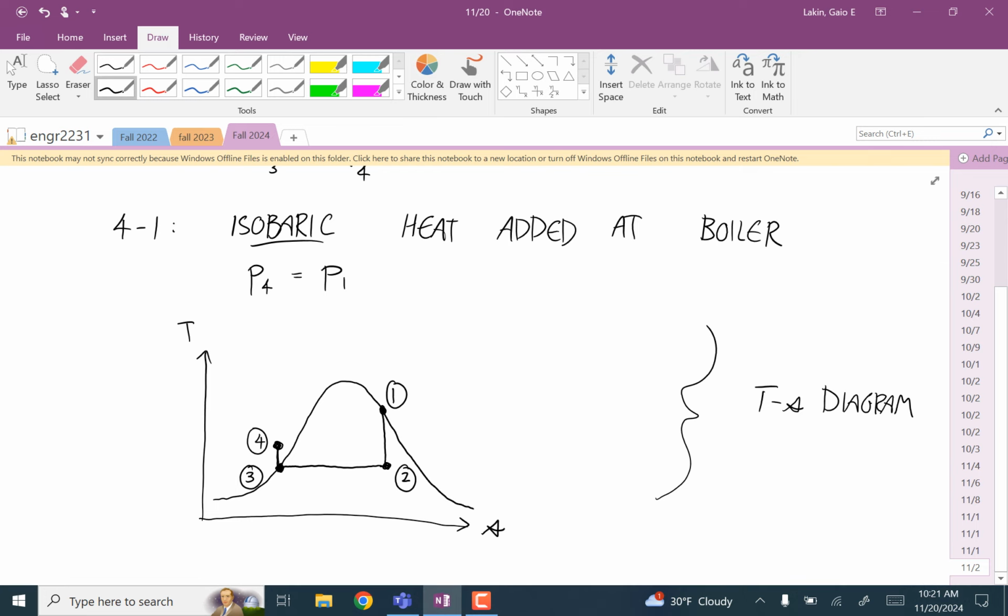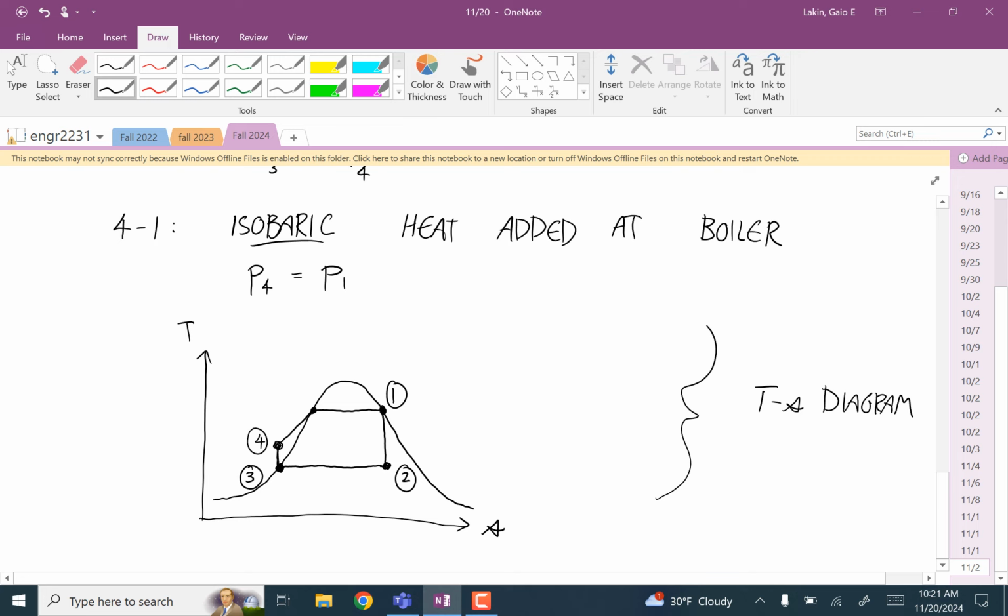And from there, we just follow a constant pressure process of adding energy. So it's going to go up to here and then over to here. So it's a compressed liquid at state 4 because it's to the left of the vapor dome.